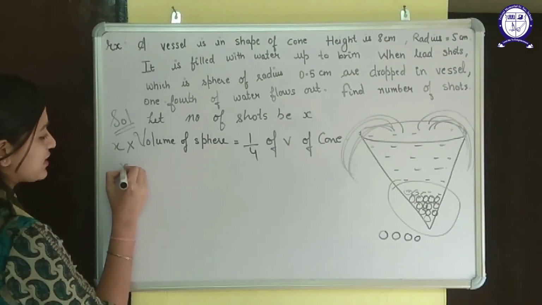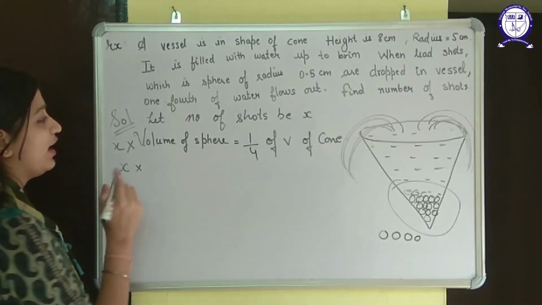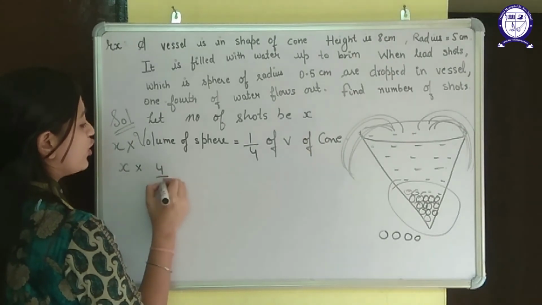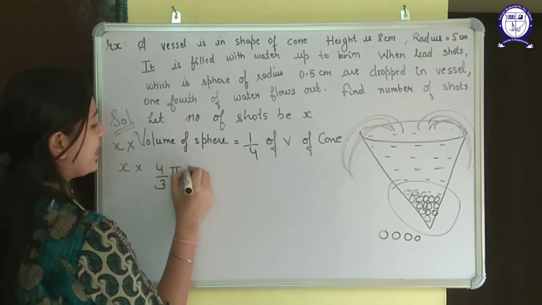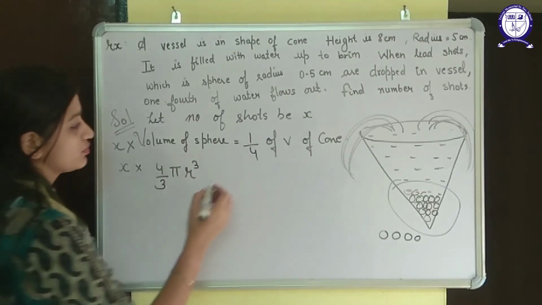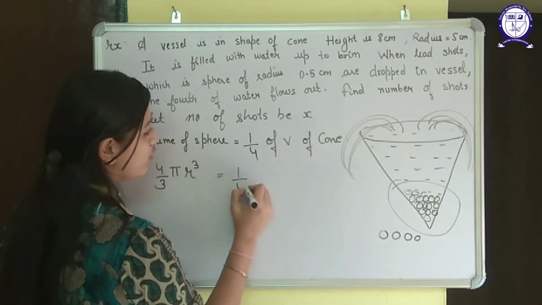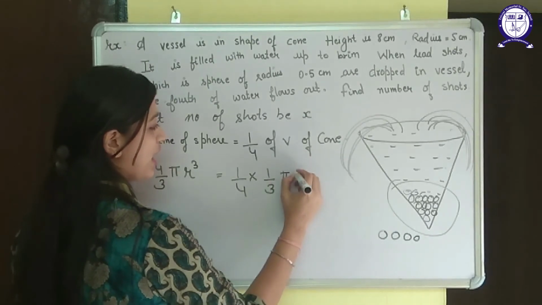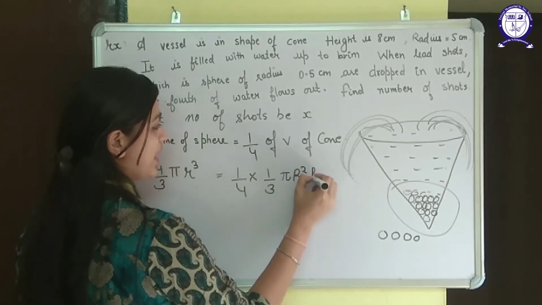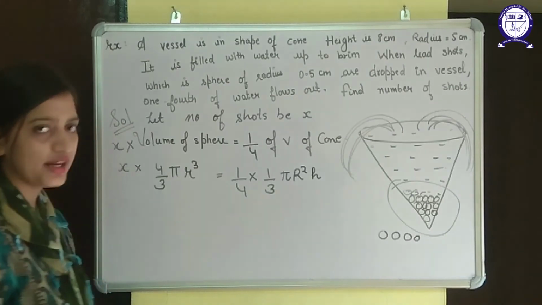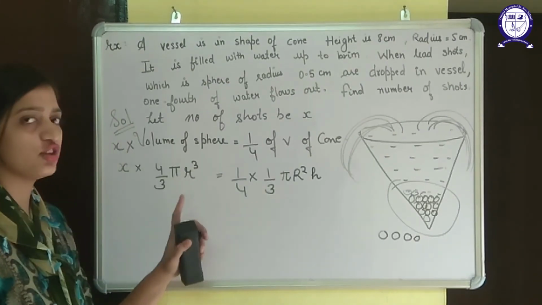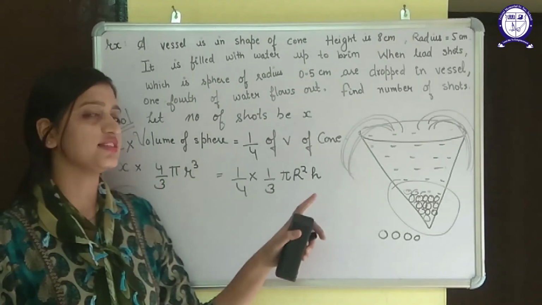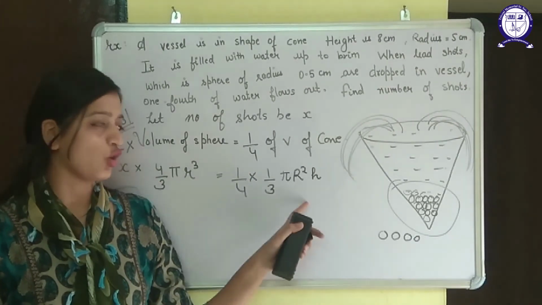This is my x. Okay, volume of sphere is 4/3 pi r cube. Now this is 1/4 into 1/3 pi r square h. I am writing two separate r's because this is the radius of the sphere, small r, and this is the radius of the cone.